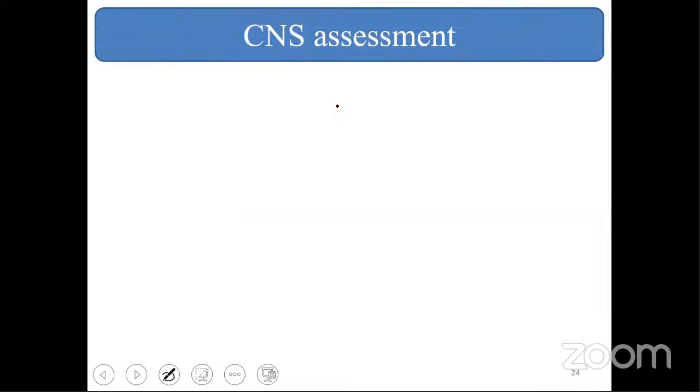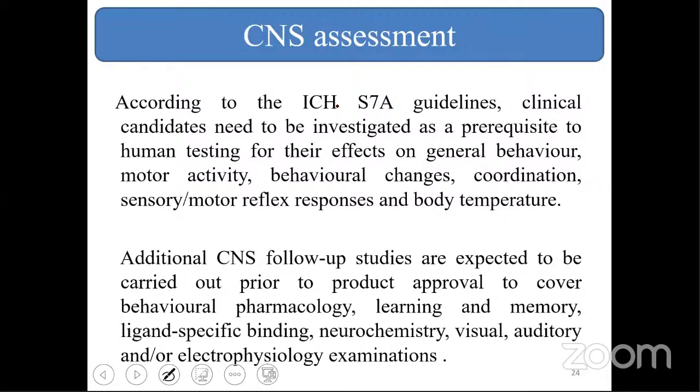Same as what I have included in earlier slides, zebrafish is used in cardiovascular, central nervous system, as well as renal studies, right? Bone density I have also included. In this CNS assessment, for example, memory, learning, neurochemistry, visual, auditory, and electrophysiological examination are all things we examine.